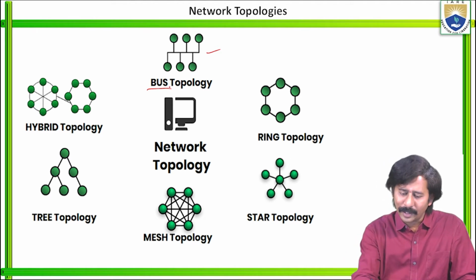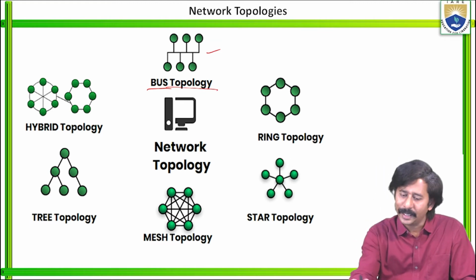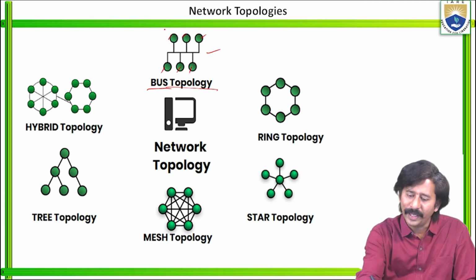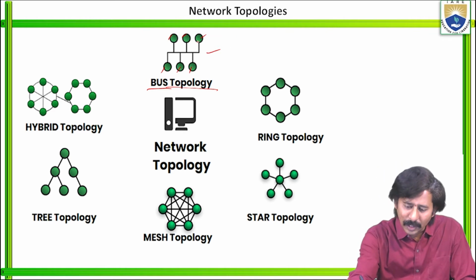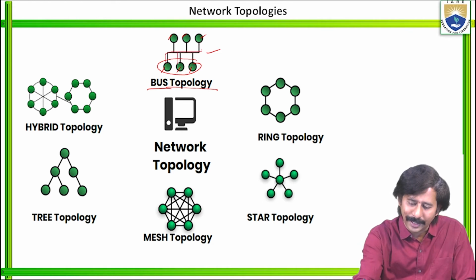How will this bus topology be helpful in computer networks? See here, these are the nodes. How are these nodes communicating? This particular node is capable of transmitting information to any of the three nodes with the help of these communication links.